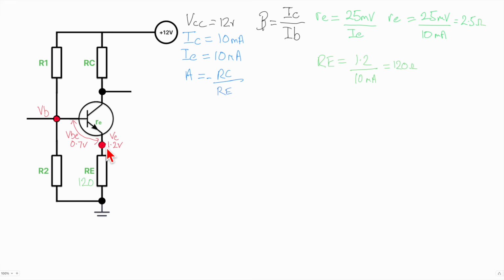If we've got 1.2 volts here, and this current is flowing from the base through to the emitter, that means this point must be 1.2 volts plus this effective diode drop on the base emitter junction. So this will be 1.2 volts plus 0.7, so we would expect to see 1.9 volts on the base.